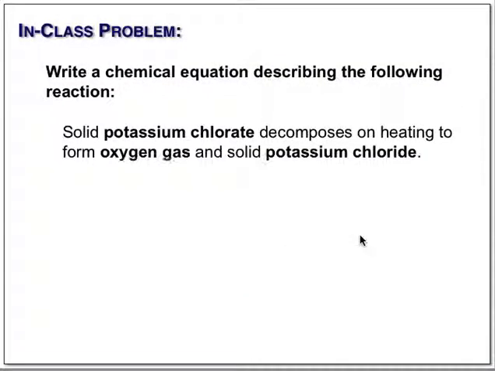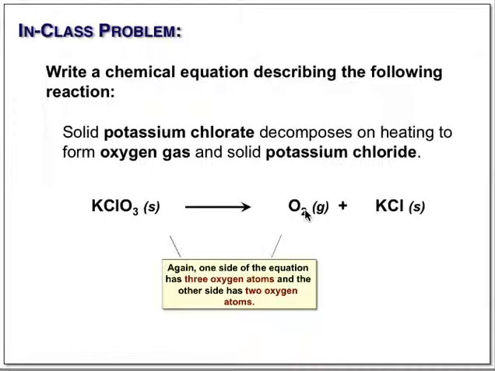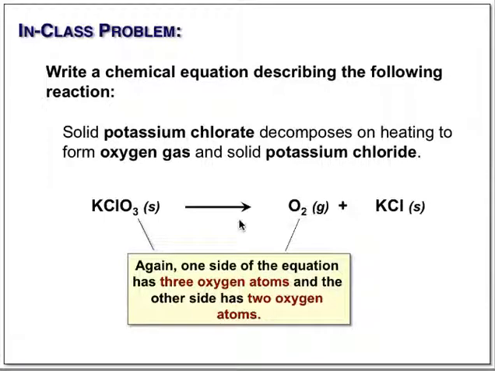A simple problem. Potassium chlorate decomposes to give oxygen gas and potassium chloride. We write our simple equation like this. Once again, we have an odd number of oxygens here and an even number here. One strategy is to simply say, okay, well, we have 3 and we have 2. If we multiply the 2 together, we get 6.